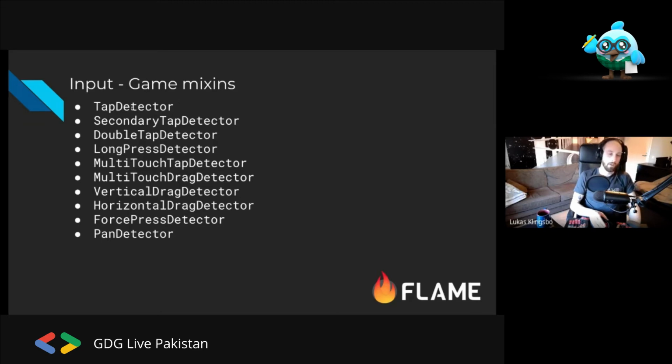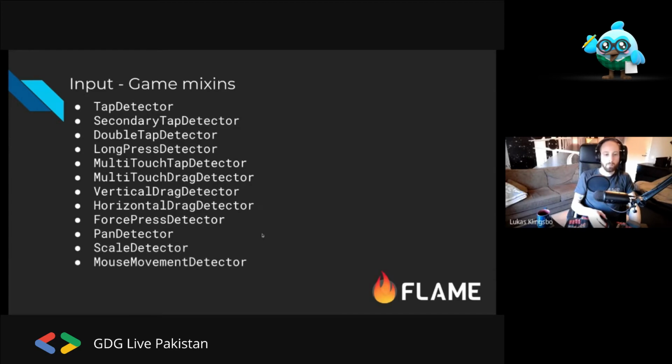So here you can see, you're probably familiar with these ones, like tap and secondary tap and double tap and long press and multi-touch tap detector. It's like if you have several fingers on the screen and you want to do something, or multi-touch drag, we have several fingers and they drag around the screen if you're doing something crazy, and a lot of other things like that.